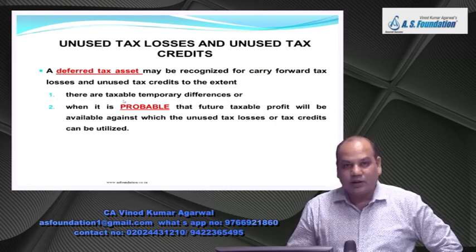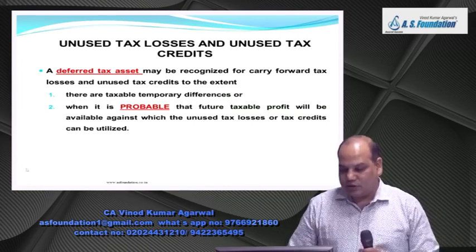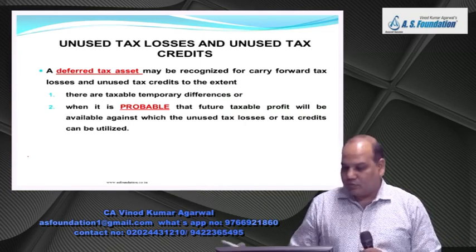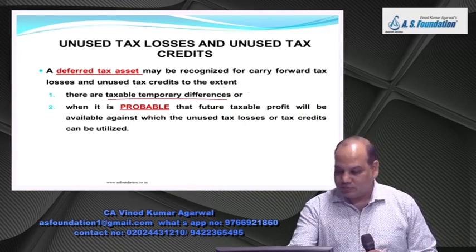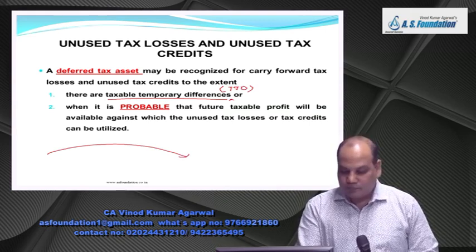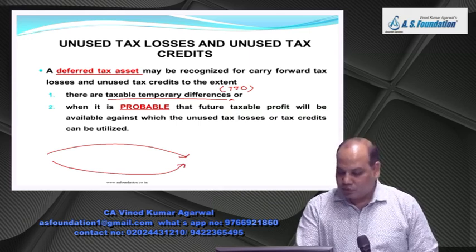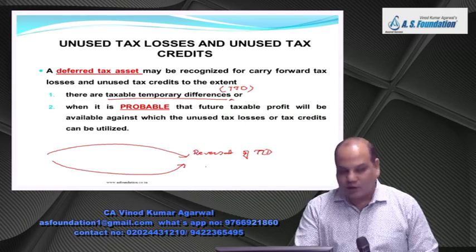To the extent that there are taxable temporary differences. Underline, to the extent there is a TTD. Why to the extent there is a TTD? Because taxable temporary difference will also reverse and deductible temporary difference will also reverse. So you have reversal of TTD against which this can be set off, that is reversal of DTD.